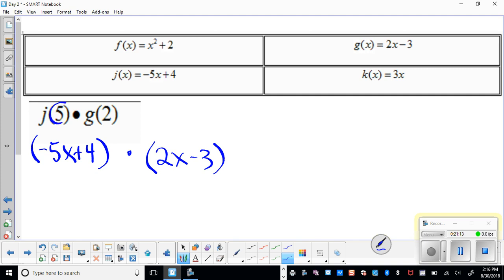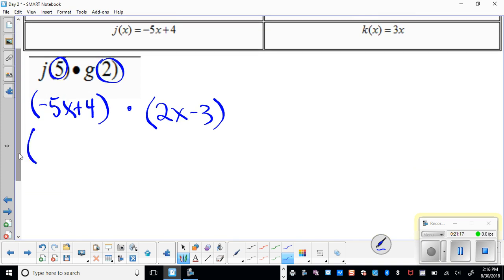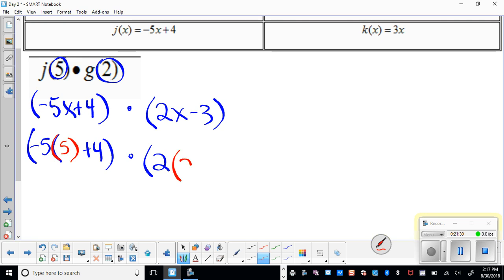They told us what to plug in. So I have negative 5 times 5 plus 4 times 2 times 2 minus 3. You guys type this into your calculators?